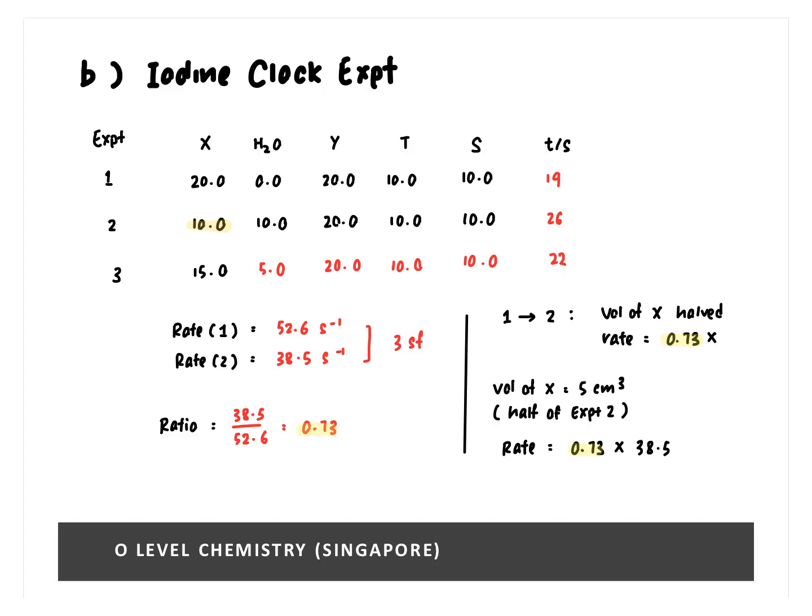So in the additional experiment, where the volume of X is 5, it means that the volume is half of that of experiment 2, meaning the rate of this additional experiment would follow the same proportionality. It will be 0.73 times of the rate of experiment 2.